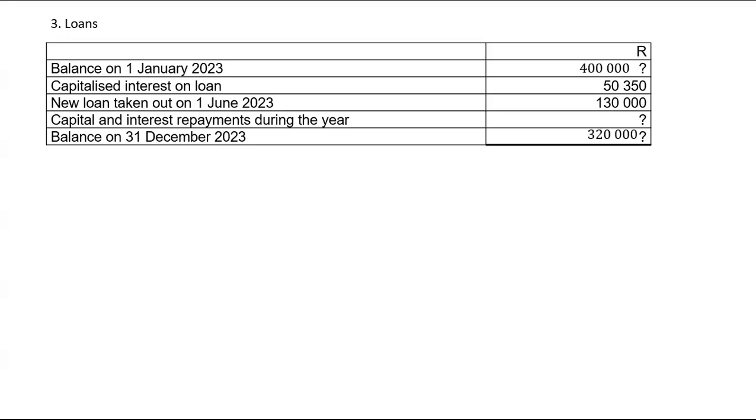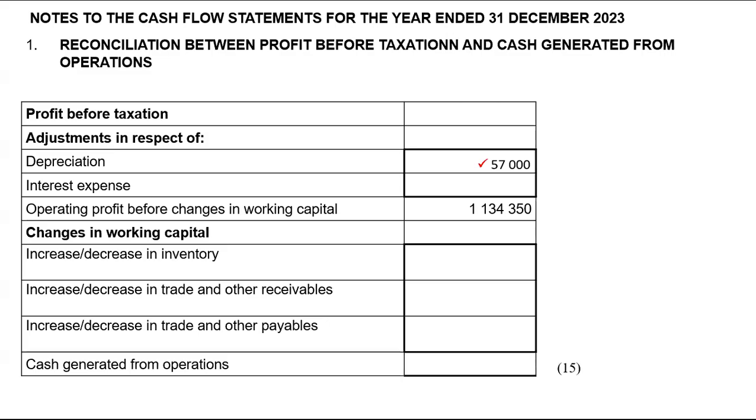All I'm going to do is make sure that I put my, well, they didn't say anything about the repayments. It's actually what we need in this case. And they gave us the interest. I didn't see that. So I don't even need to calculate the interest, okay? So I'm just going to take that 50,350 and put it in my note. When you add those two, 57,000 and 50,350, it's supposed to give me 107,350, adjustments in respect of.